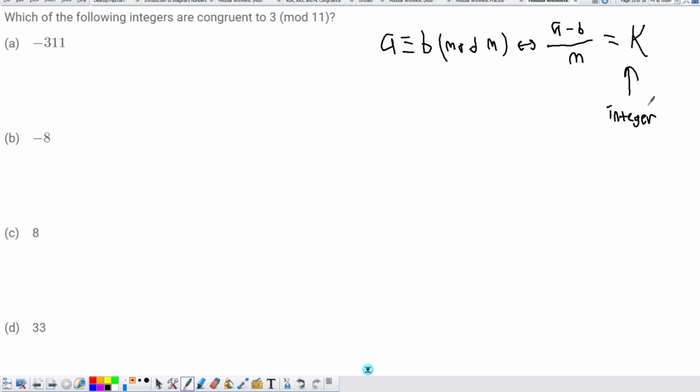So, this is basically the setup we're going to be thinking of when we do these problems.